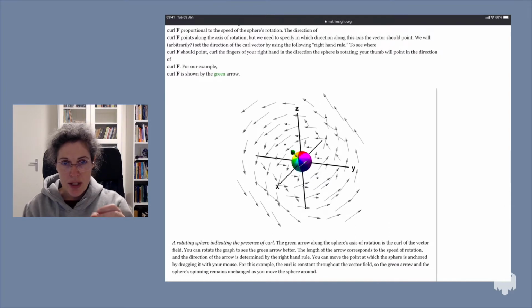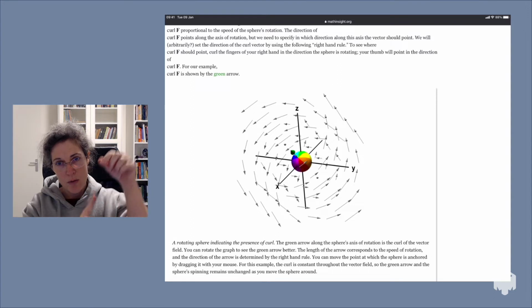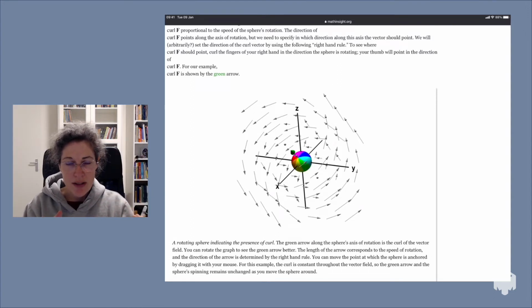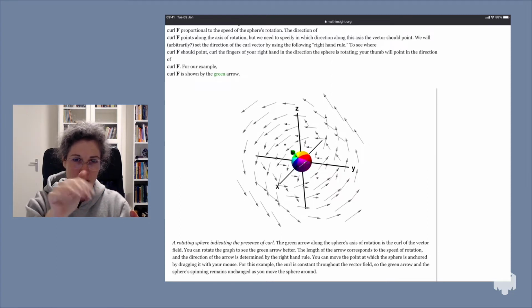How do we do that? Well, it would be tricky. We want a single vector, so we put a vector on the axis of rotation. Generally speaking, we pick the direction of that vector, because it could point this direction or that direction. We pick the direction such that if we put our thumb in the direction of the arrow showing the axis of rotation, then we have anti-clockwise motion.